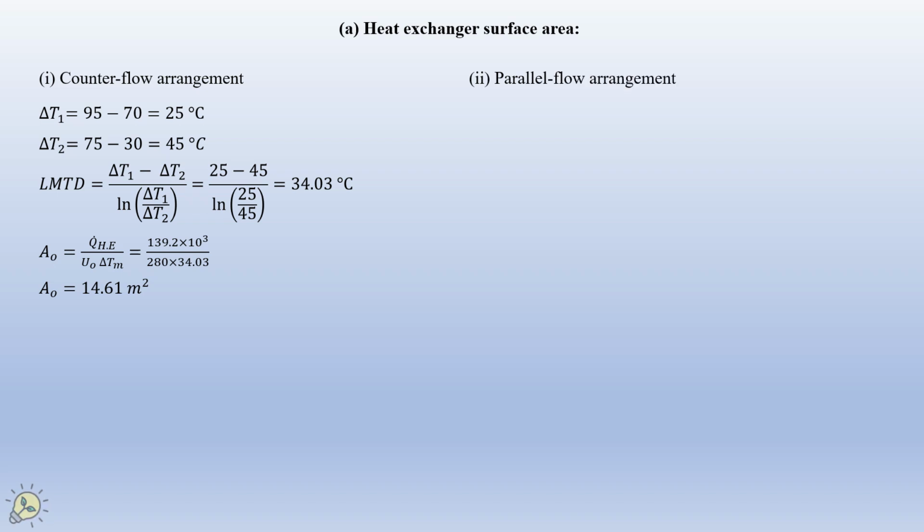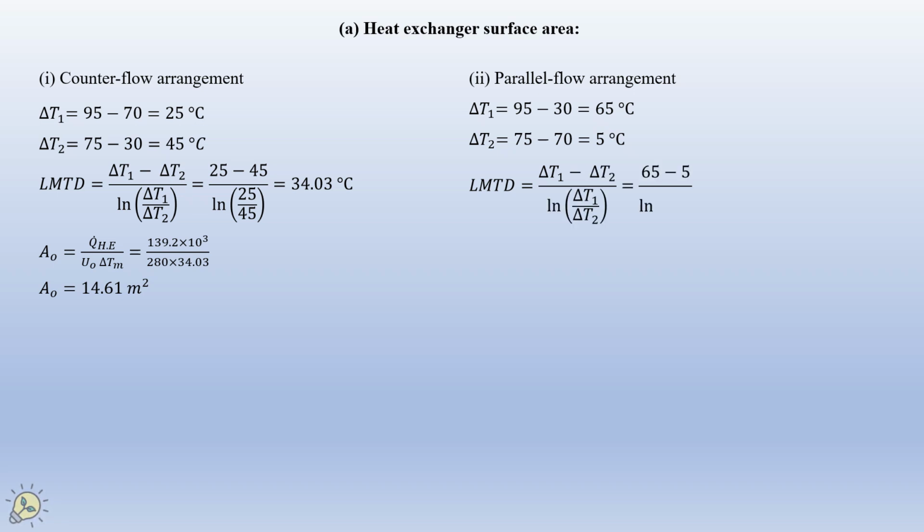And for the parallel flow arrangement, we have delta T1 and delta T2 as calculated from the previous figures. Then we will get LMTD equal to 65 minus 5 divided by natural logarithm of 65 divided by 5. Then it will be 23.39 degrees Celsius.